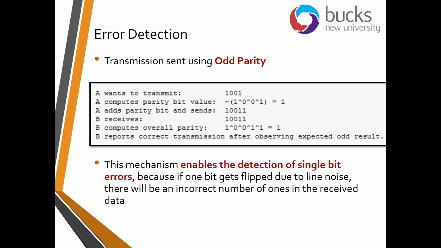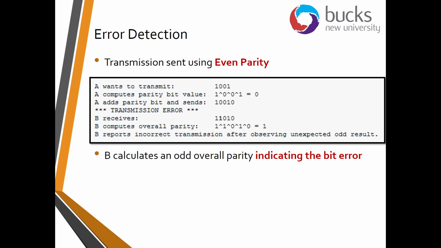So this mechanism enables the detection of single bit errors, because if 1 bit gets flipped due to line noise, for example in an electrical system, there will be an incorrect number of 1s in the received data. Again, if we're using even parity here, we might transmit 1001 with our parity on that, but there's a transmission error.